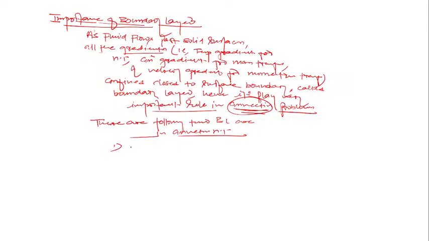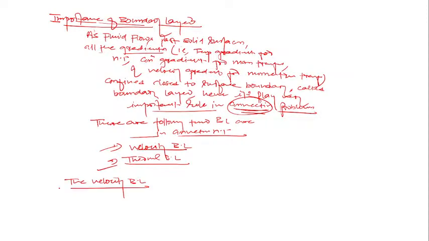One is called the velocity boundary layer, another is the thermal boundary layer. Clear? Velocity boundary layer and thermal boundary layer. First I am going to discuss the velocity boundary layer.